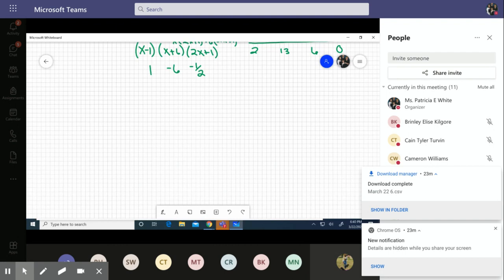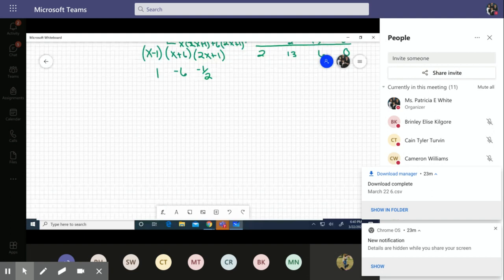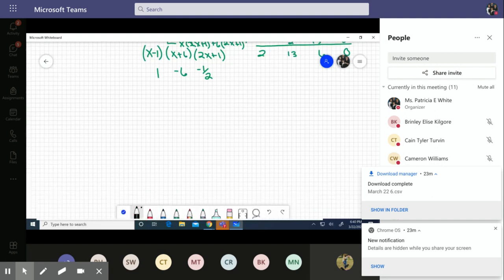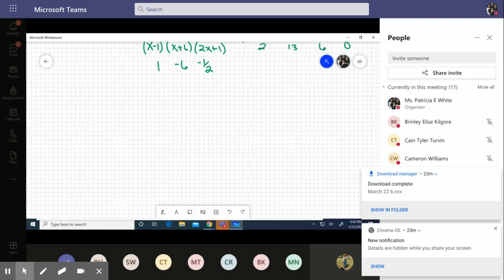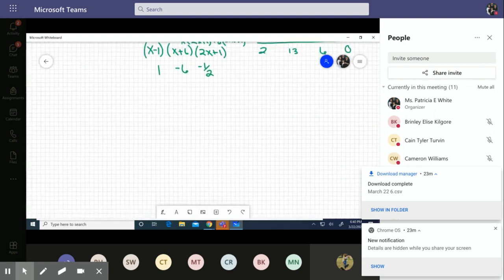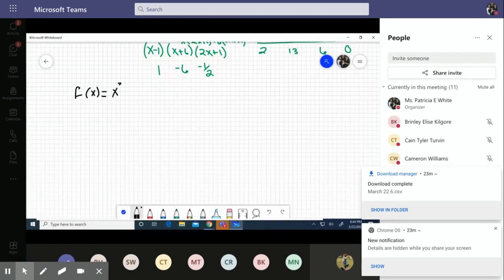We're at 45. And we're going to start with, and there's a lot going on with this. F of x is equal to x to the third plus 2x squared minus 5x minus 6.